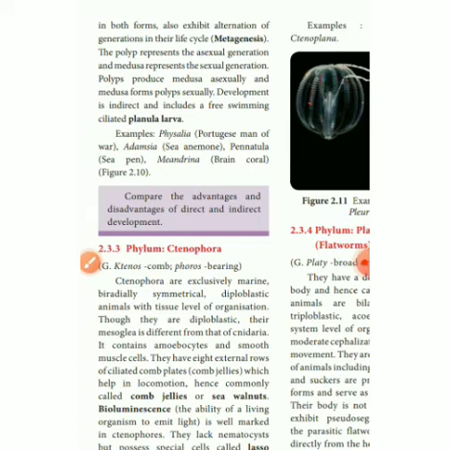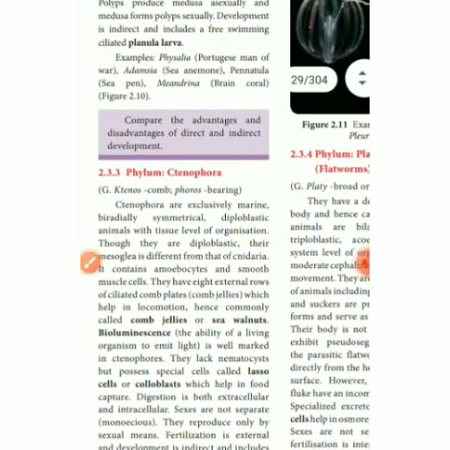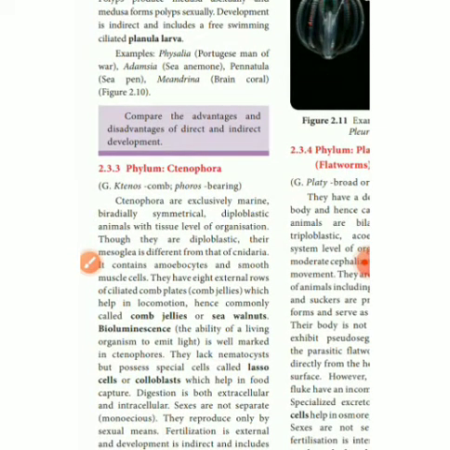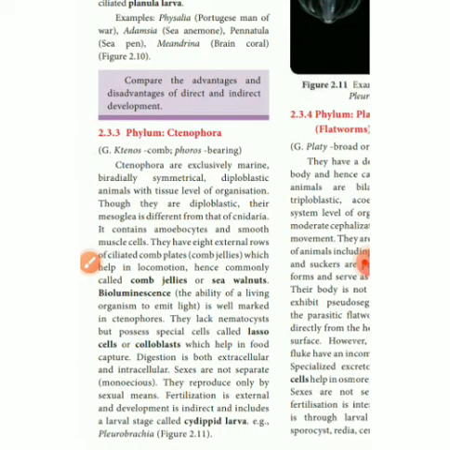They have 8 external rows of ciliated comb plates, which help in locomotion. Hence they are commonly called comb jellies or sea walnuts, and show bioluminescence. A well marked ctenophoran feature is the lack of nematocysts; they possess special cells called lasso cells or colloblasts. It helps in food capture.